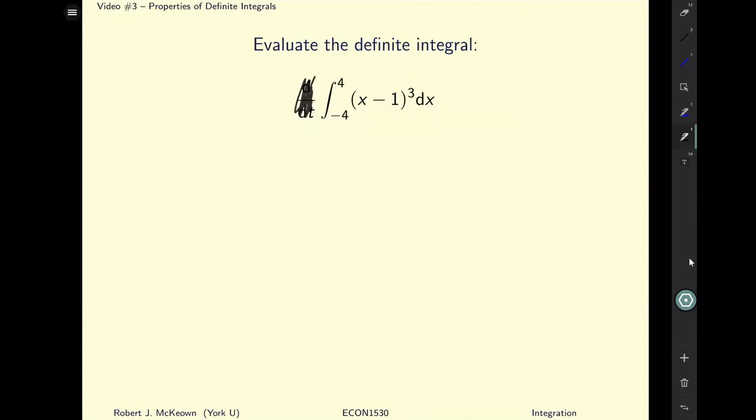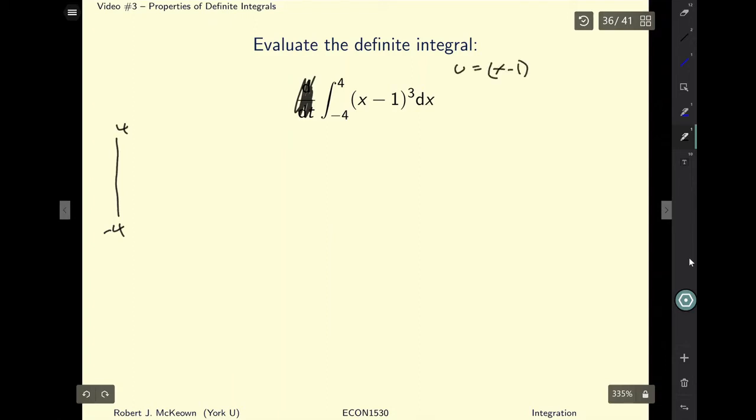All right, let's evaluate this definite integral together. So the first step is to integrate the function f of x with respect to x. So I'll put a vertical line, 4 at the top and -4 at the bottom. And looking at this thing, I could say, well, let u equal x minus 1. Then we've got u to the 3.